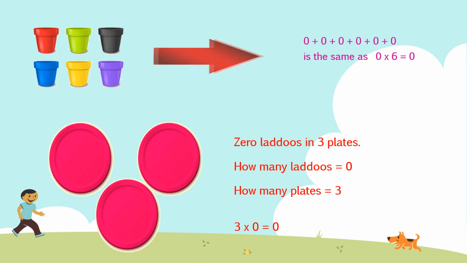That means 3 multiplied by 0 gives you 0. So this was the second property of multiplication that we learned. That is zero property. So you see, any number that is multiplied by 0 gives you 0 as its product.